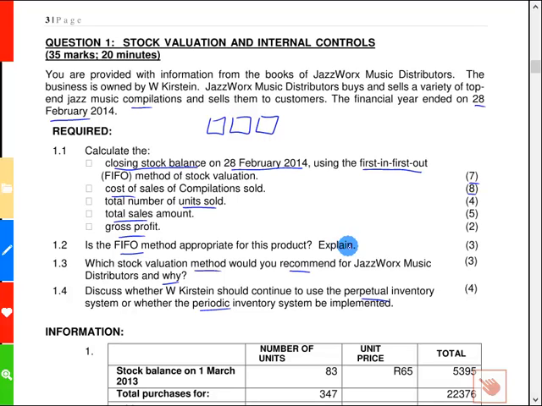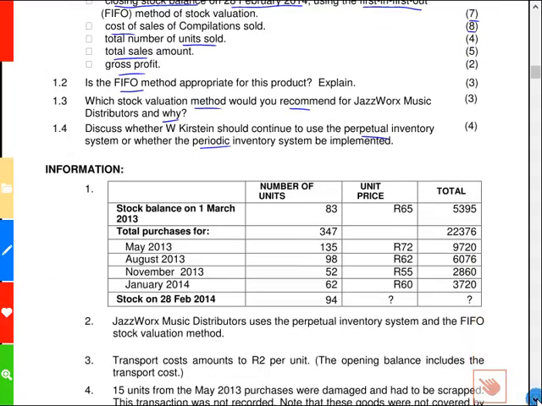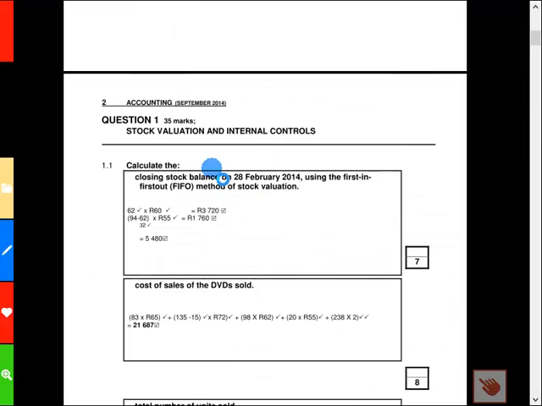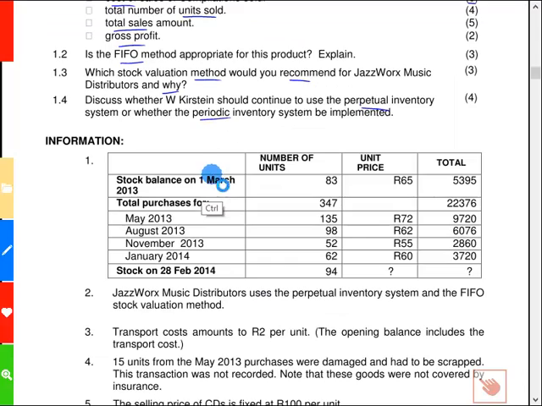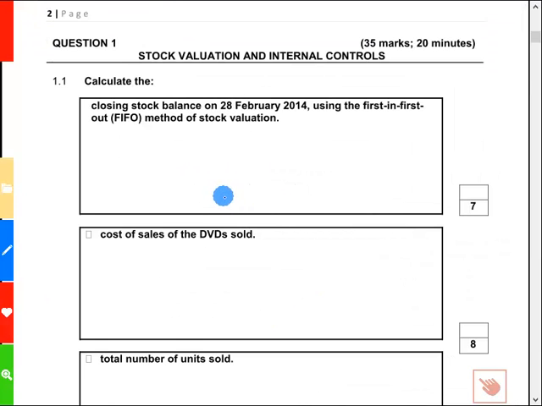Then we can go to our additional information here. And let me just show you the answer book for this question. Closing stock balance on 28 February using the FIFO method of stock valuation. So there's not a lot of space here, and you can always request additional answer book or additional paper if you want to show calculations.